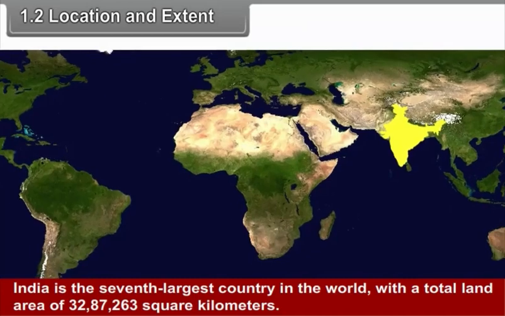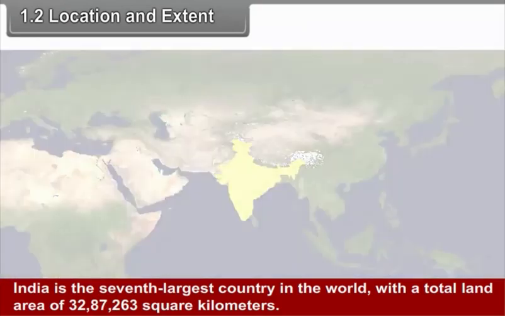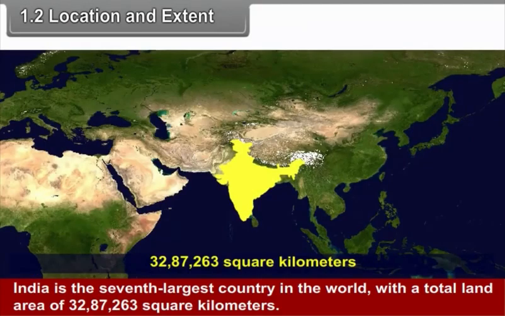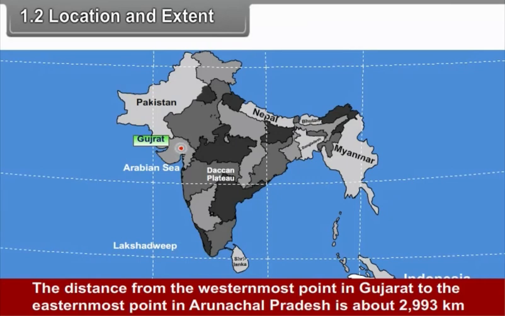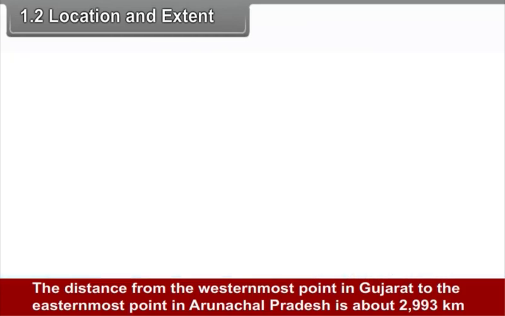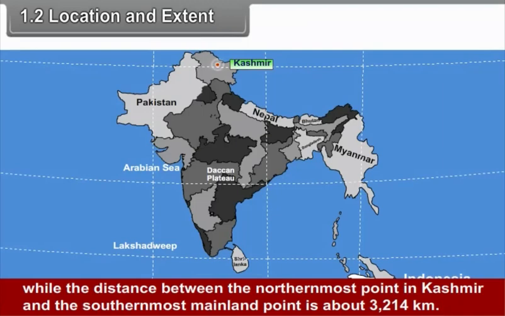India is the 7th largest country in the world, with a total land area of 32,87,263 square kilometers. The distance from the westernmost point in Gujarat to the easternmost point in Arunachal Pradesh is about 2,993 kilometers, while the distance between the northernmost point in Kashmir and the southernmost mainland point is about 3,214 kilometers.